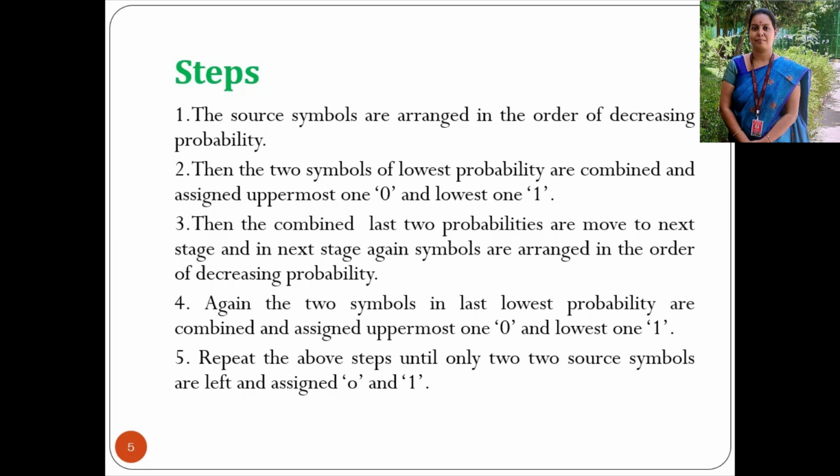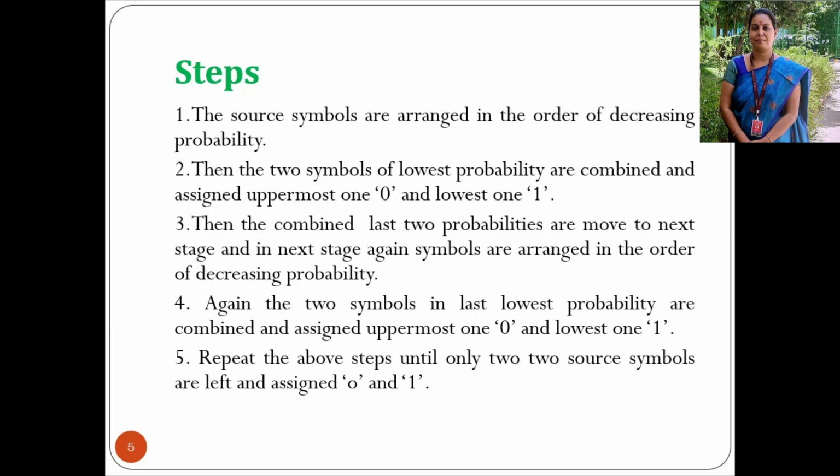Then the combined last two probabilities are moved to the next stage. The next stage follows the same principle: we arrange the symbols in decreasing or descending order. If the combined probability is the highest, we need to arrange it accordingly in the second stage, also in decreasing manner.